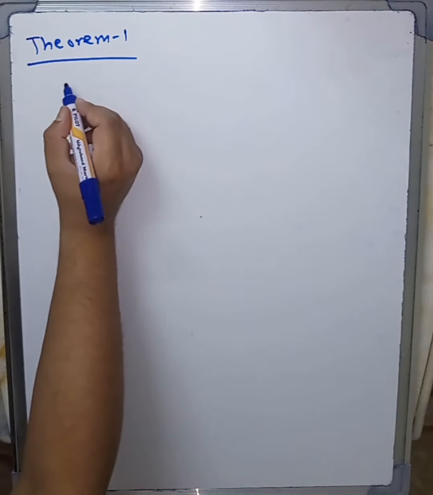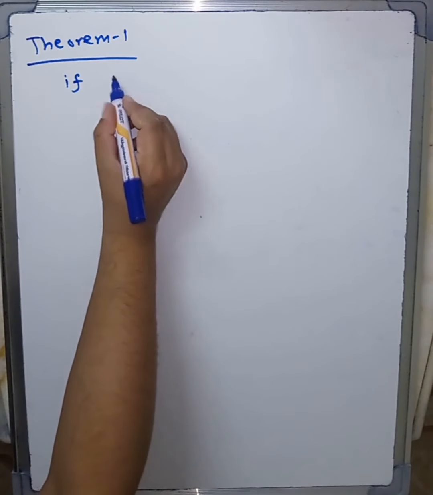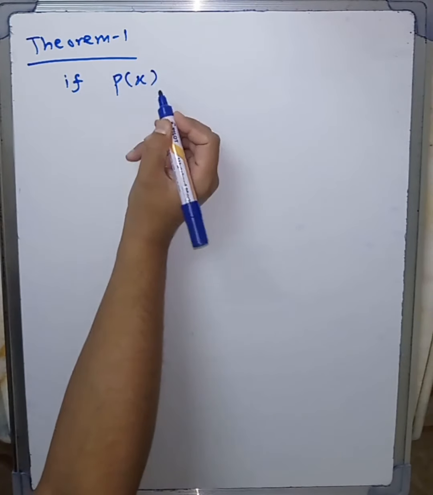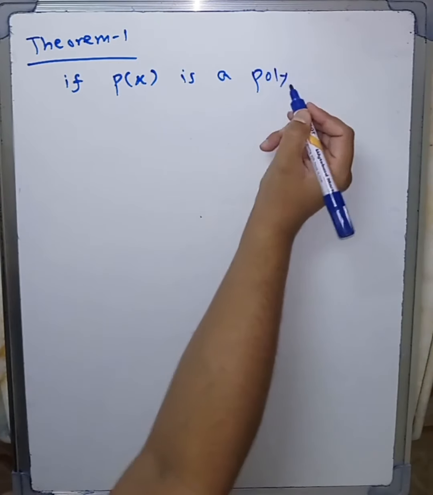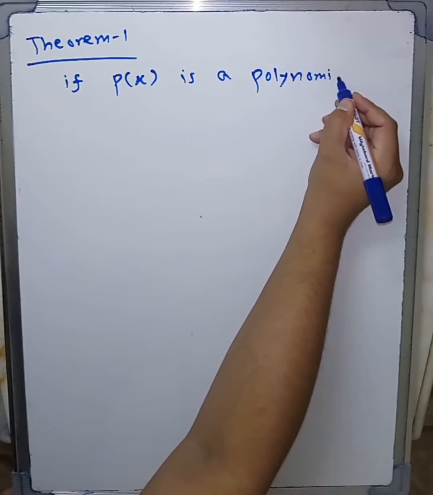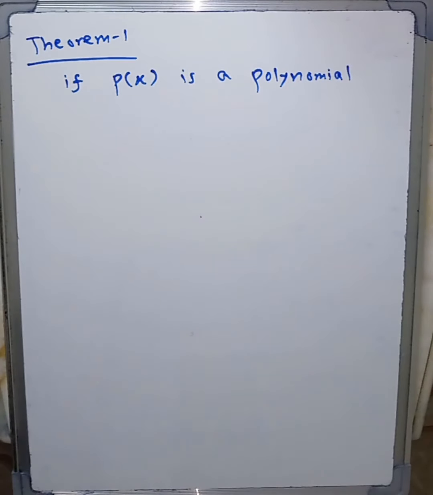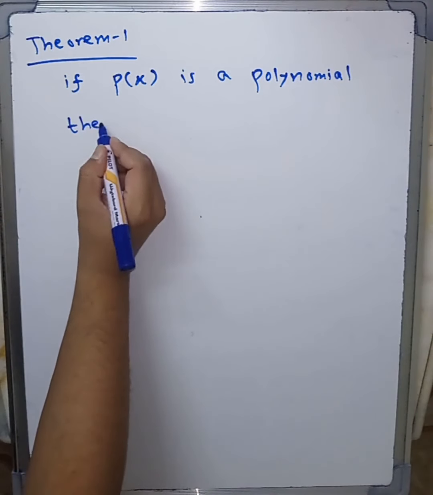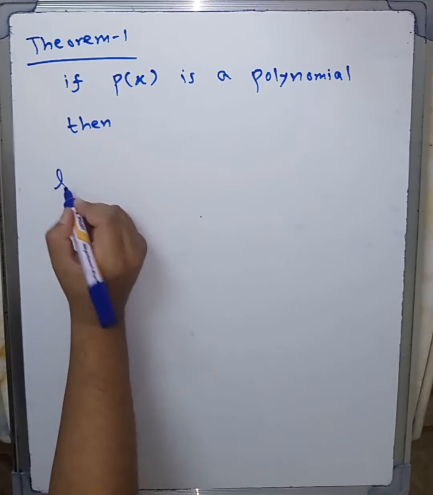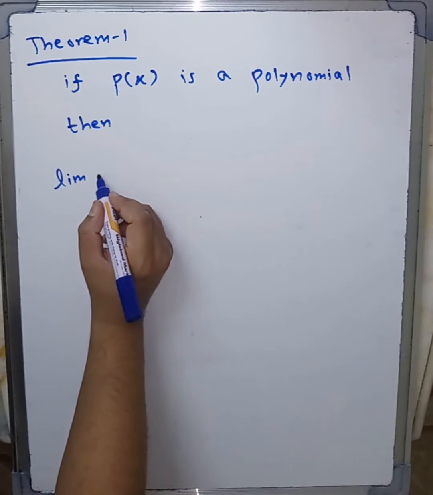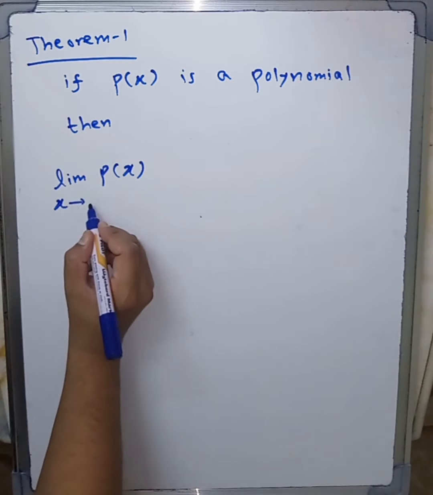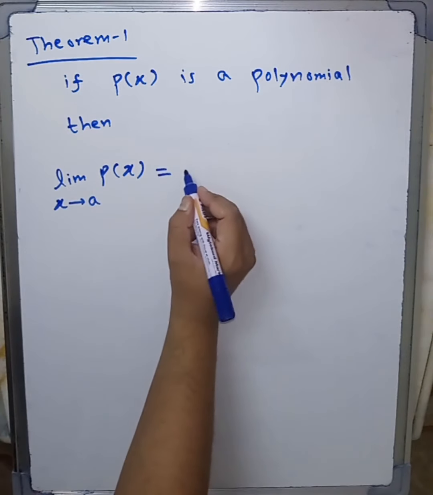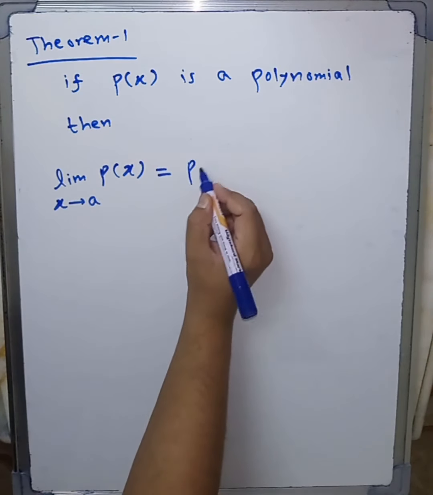Theorem number 1: if P(x) is a polynomial, then limit of the polynomial P(x) as x tending to a will be equal to P(a).